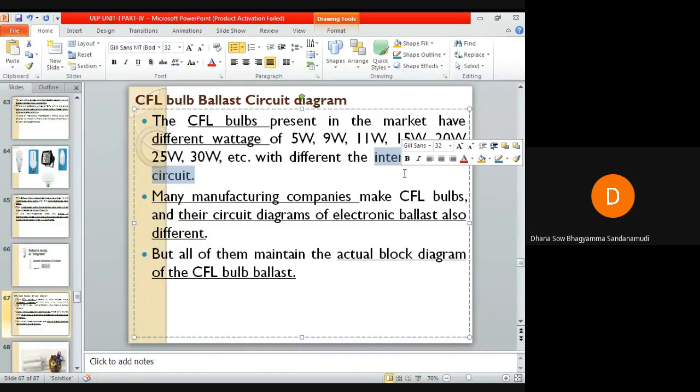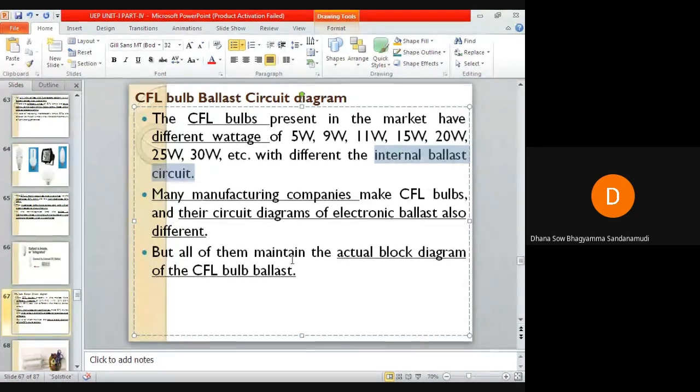Each manufacturer will have his own ballast circuit, which he will integrate into or connect to the tube.